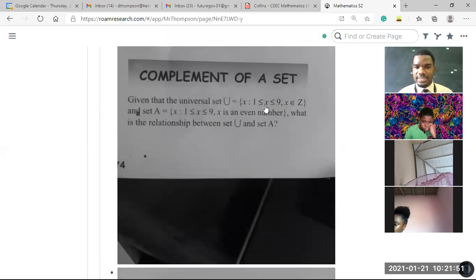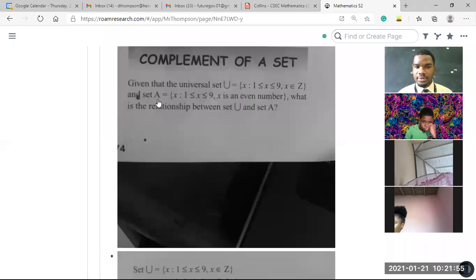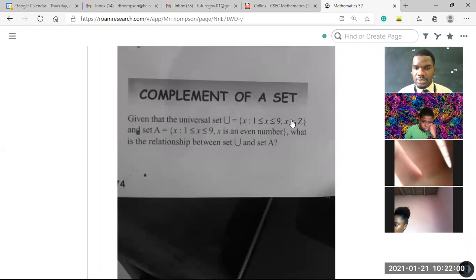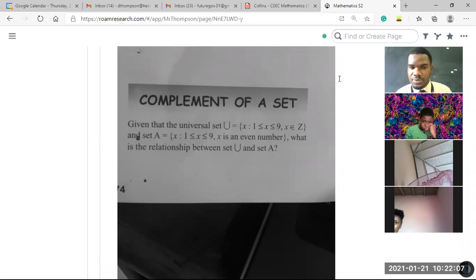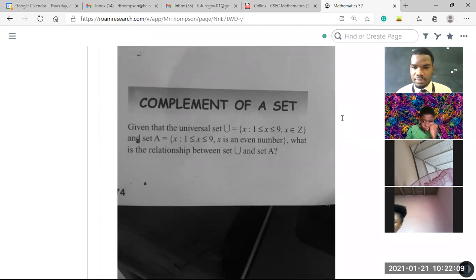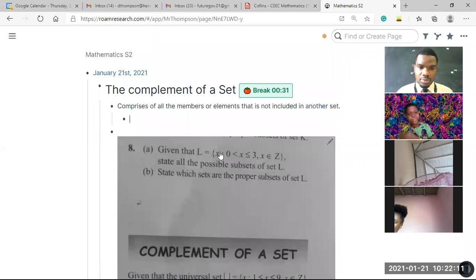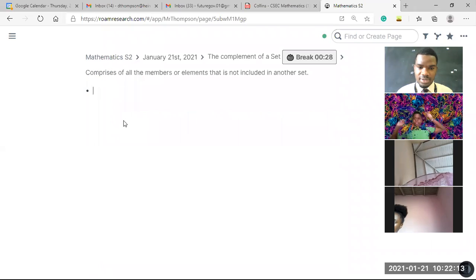We said that set U is here, and set A is here. Now we're going to list out all the elements of set U. I want George to tell me what the elements or members of set U are. Let me write your name. What are the elements of set U?